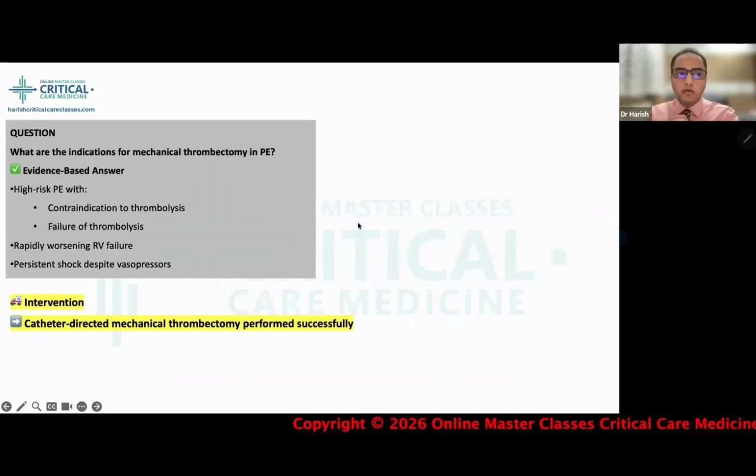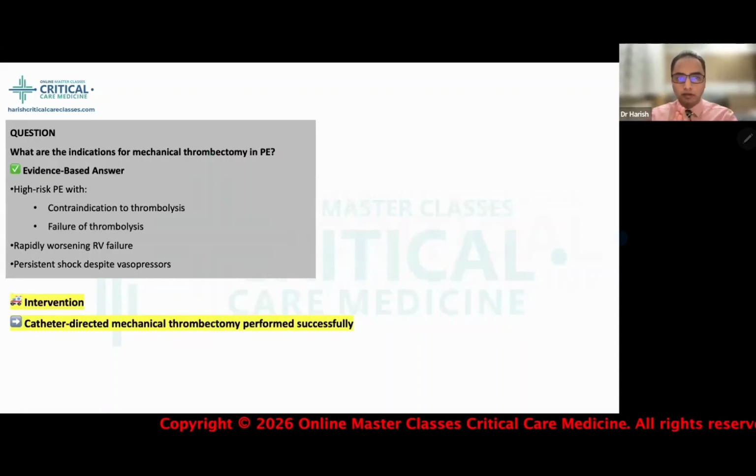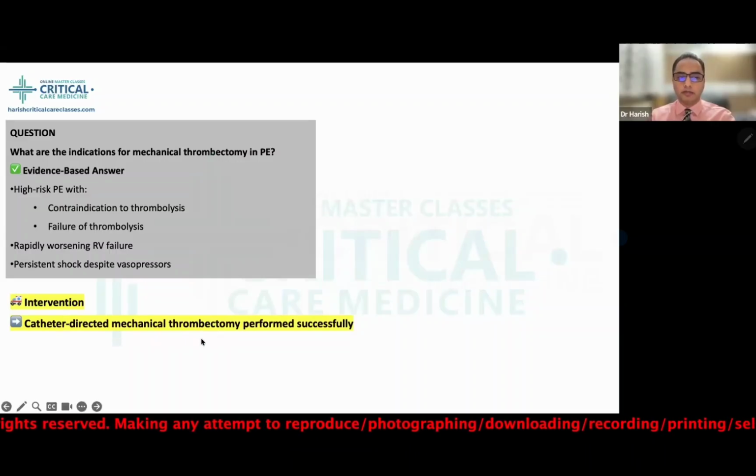Okay. So coming back to our patient, what are the indications for mechanical thrombectomy in PE? Our patient definitely is not a candidate for thrombolysis. It is a relative to near absolute contraindication. So we undertook catheter directed mechanical thrombectomy for our gentleman who had a PE. Okay.